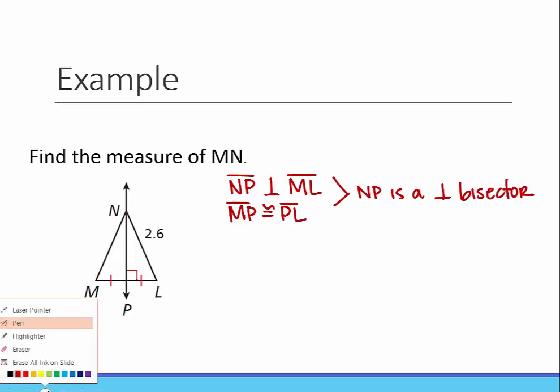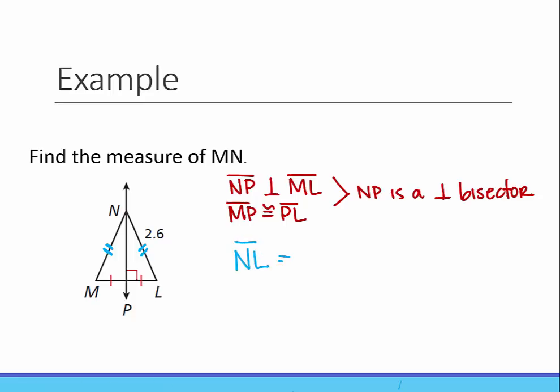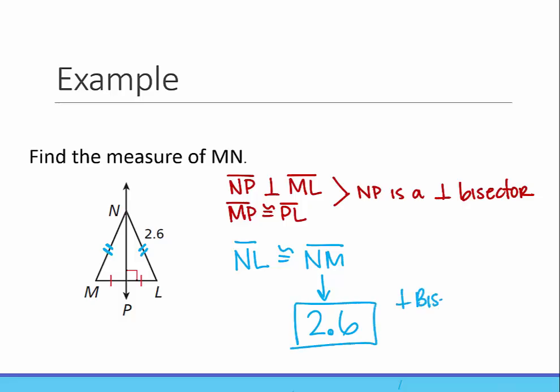And because of that, the thing that we know is that this side has to be congruent to this side over here. So if NL is 2.6, it has to be congruent to NM, and this also has to be 2.6. And this is by the perpendicular bisector theorem. So we're kind of doing a little proof without actually doing one.